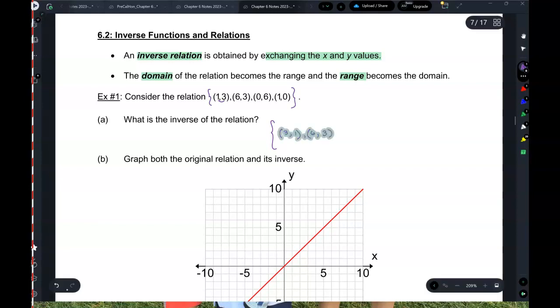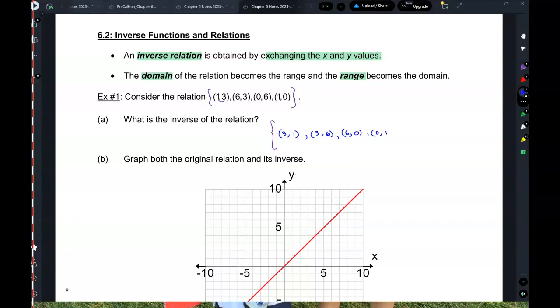I'm going to do this in a different color. So this becomes (3, 1), (3, 6). What's the other one going to turn into? And then (0, 1). That's definitely the inverse.